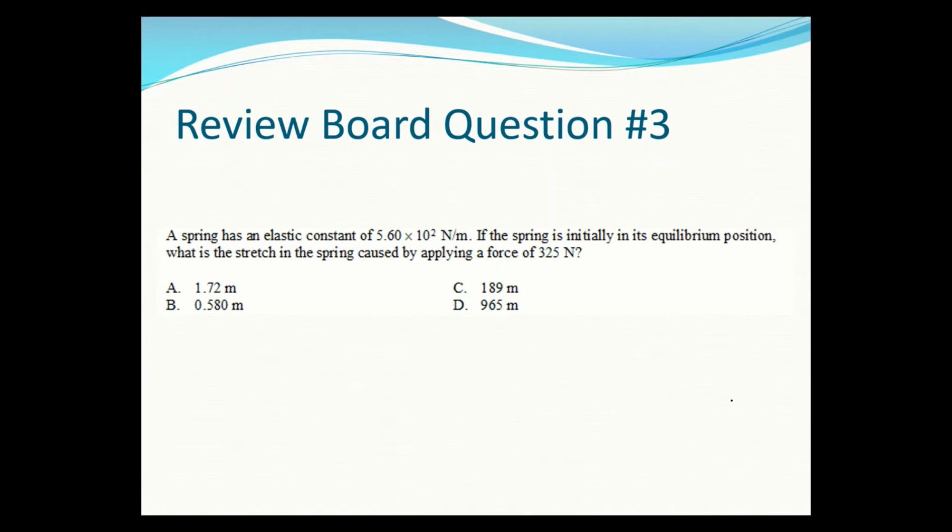Okay. So a spring has an elastic constant of 5.6 times 10 to the 2. If the spring is initially in its equilibrium position, what is the stretch of the spring caused by a force? So we have a force, right? We have a spring constant, and then it's looking for the stretch, so that's going to be x. So this one's very straightforward. Fs equals kx.